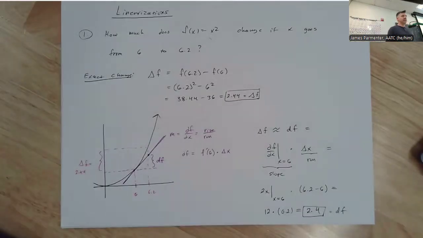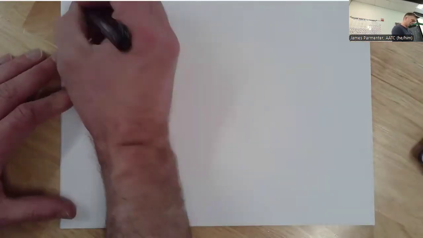So let's look at another example. To my mind, there's kind of two ways you can go with this, so we'll do a few of both. So let's look at example number 2.